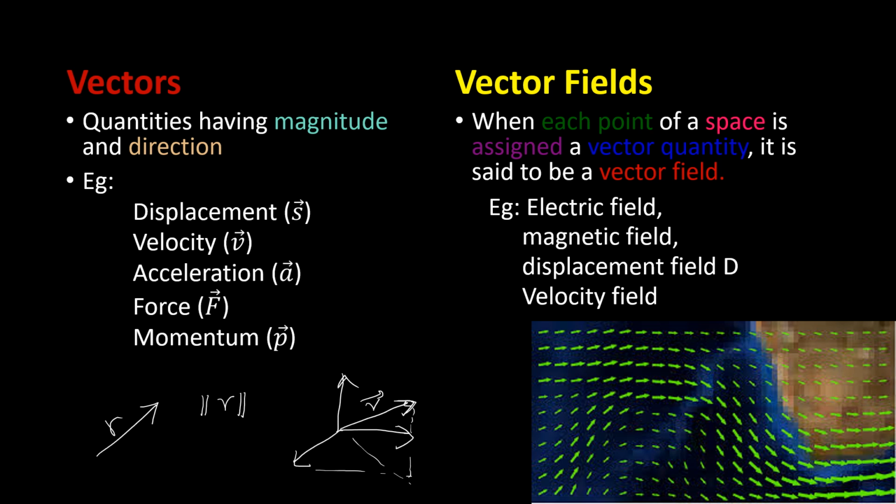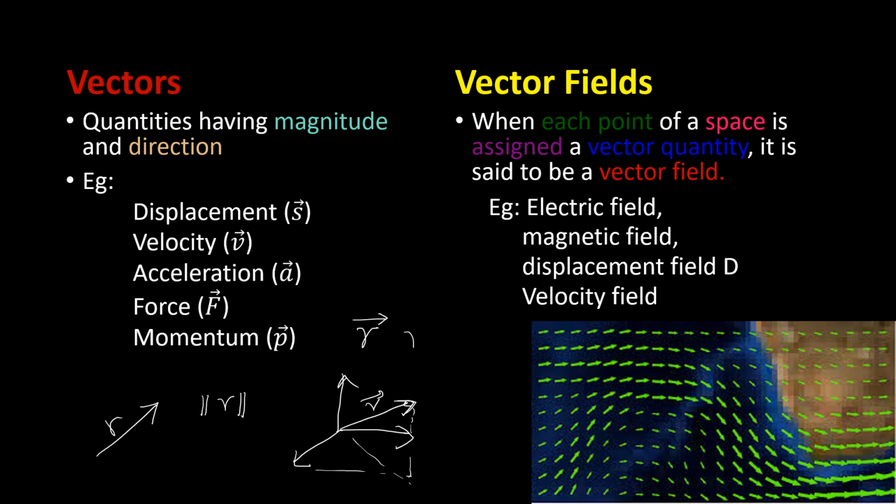So vectors can be represented geometrically as an arrow, or we can represent it algebraically, where we usually draw an arrow on top of the letter representing the vector. Sometimes you could be using bold letters to show that it is a vector.